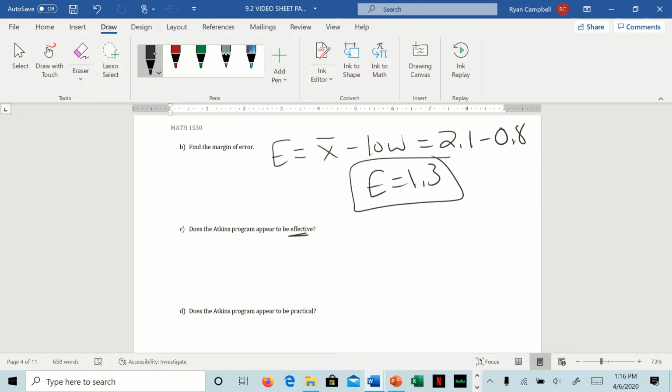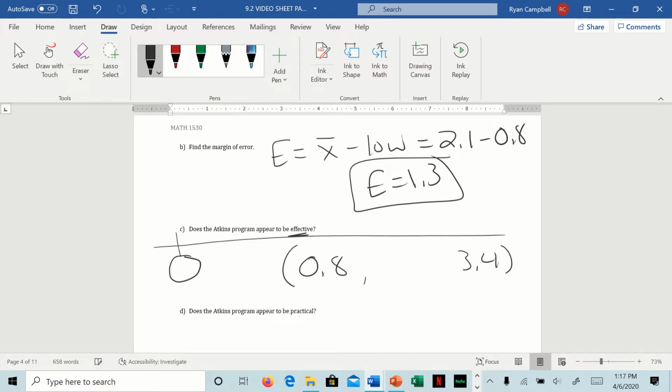So if you look at our confidence interval, we said it was 0.8 and 3.4. And we see that 0 is on the left side. If we had a number line, 0 would be way over there. Remember we said that you could be 1, it could be 3.2, 2.0, 2.1, 2.12, whatever.